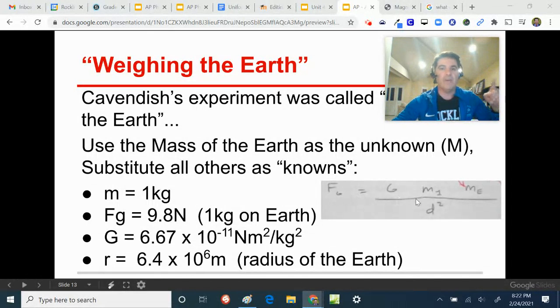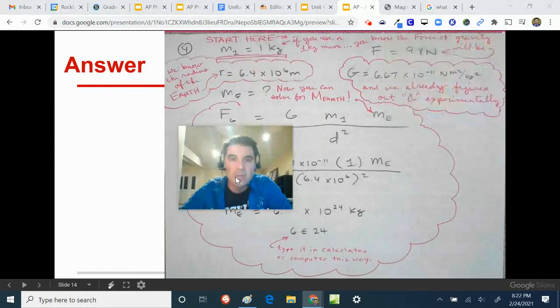And if I know how far it is to the center of the Earth, I can figure that out pretty easily because Magellan went around the Earth and I had the circumference, and there's a relationship between the circumference and the radius. I've never been to the center of the Earth, but I know where it is since it's spherical, not flat. So you put it in, and the only unknown is ME, the mass of the Earth. Really cool.